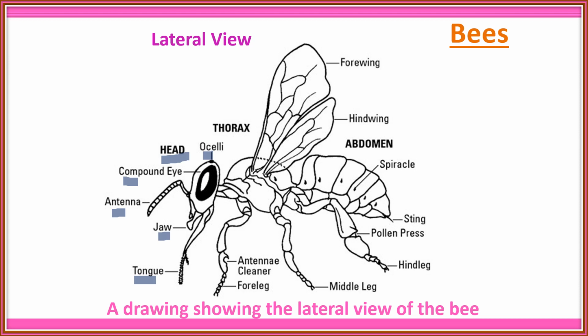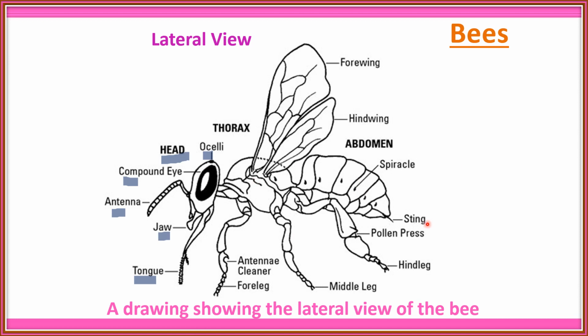And then you have the thorax. The thorax is this middle part here, which has the wings, a pair of wings. It has the fore wing and then the hind wing. Then it has also the abdomen. On the abdomen, you can see the spiracle and the sting.